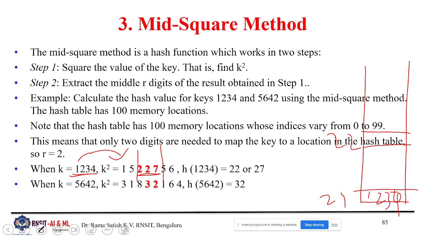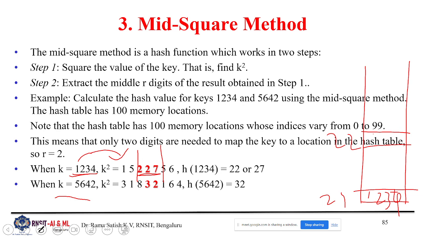And for this mid square method, take another example. Say, for example, the key 5642 has to be inserted into the hash table. For this, you need to calculate the square first. So you square it, you get 31831364.